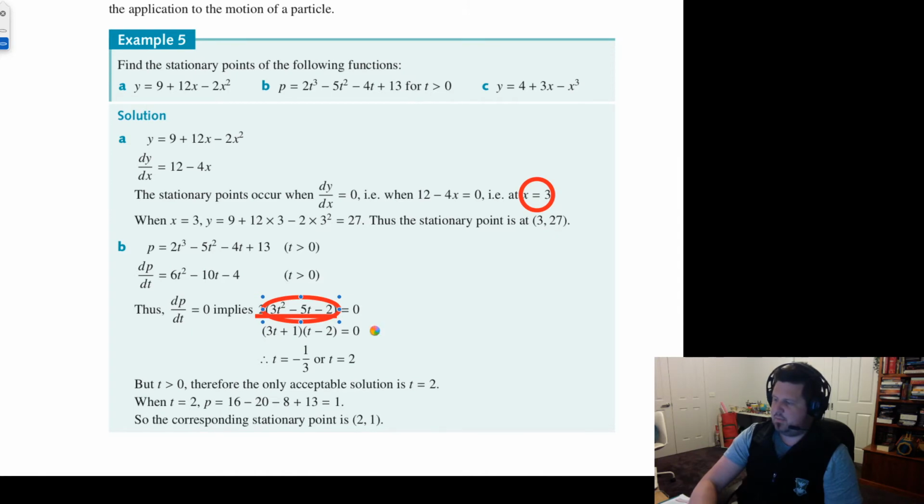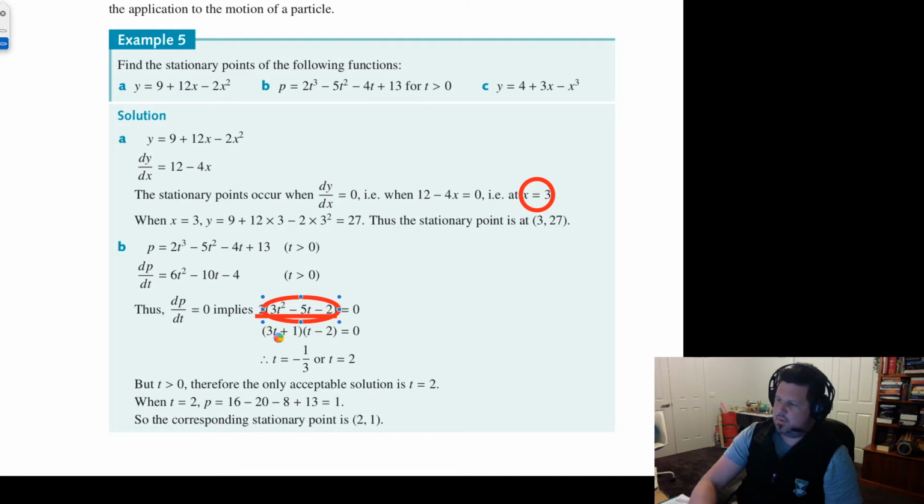And that's equal to 0. From here, we need to use the null factor law. In order for this expression to be equal to 0, either the first brackets have to be equal to 0, or the second brackets need to be equal to 0.